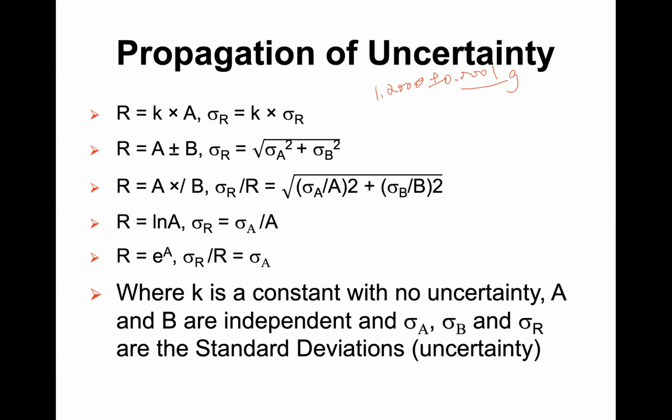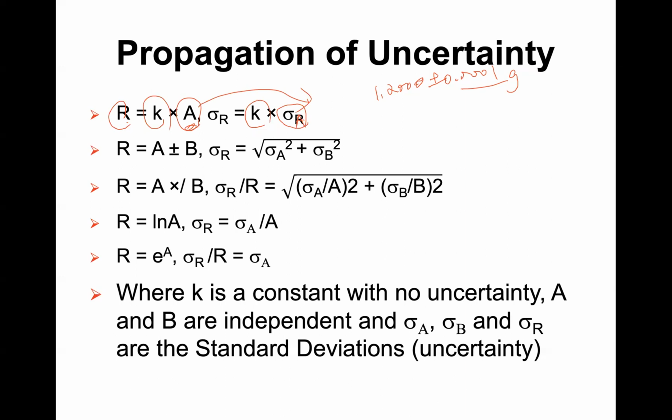For multiplication, if you have a measurement of A and the R value is obtained by multiplying this value by a constant k, we assume this is the standard deviation of A, and the R will also be amplified by the factor of k.